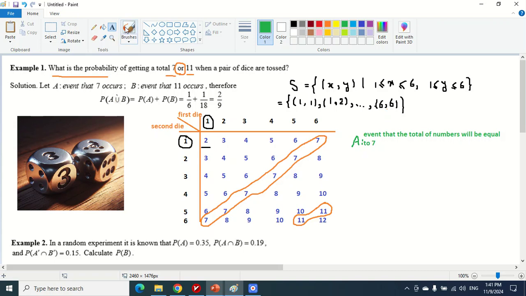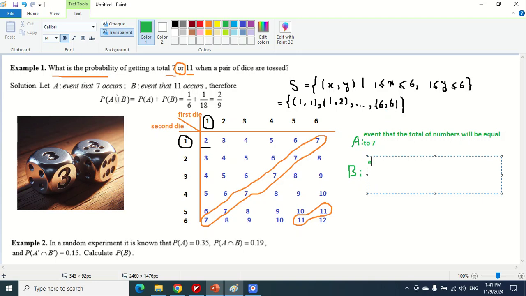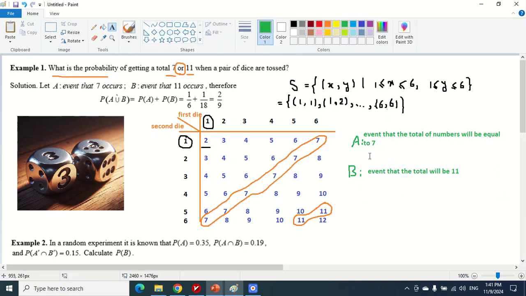Event B is the event that the total will be 11. With those 2 events that I defined, I can find their probability.